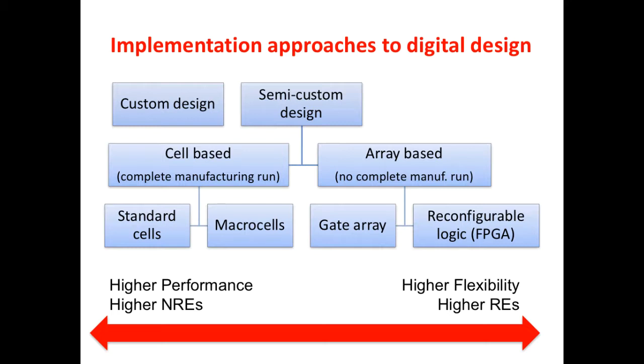Okay? If you, on the other hand, have a large production, 100 million pieces, for example, then for 100 million pieces, the non-recurring costs are not important for you. You can prefer to go for high performance and then do everything from scratch.